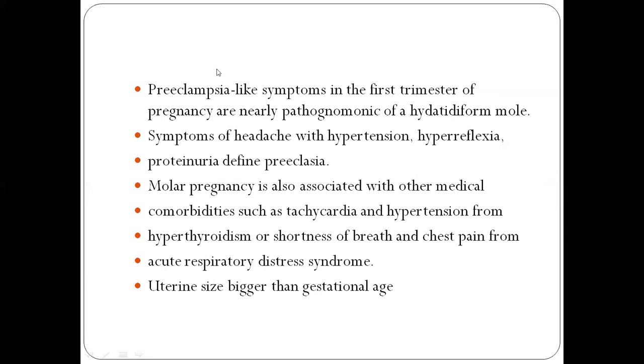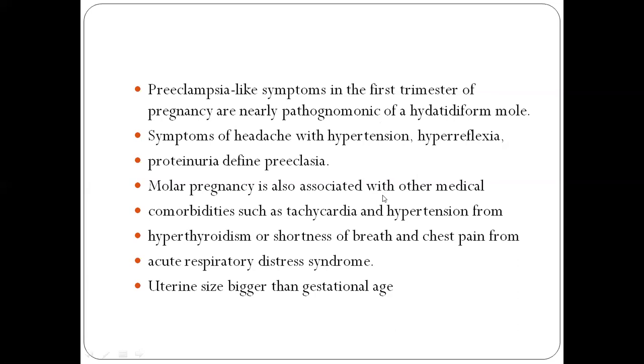They might have heat intolerance, they might present with hyperreflexia because of the TSH-like effect. Because of the thyrotoxic symptoms, they might have tachycardia and of course hypertension. Those are the common symptoms for those who have molar pregnancies.